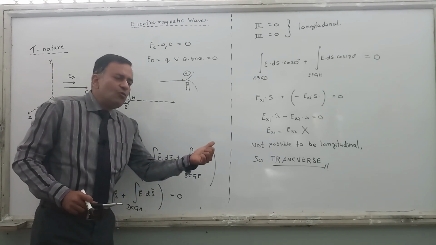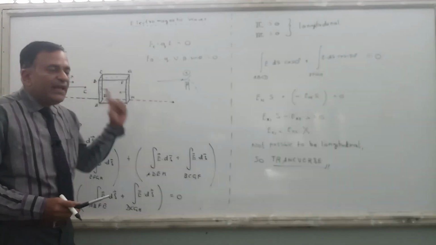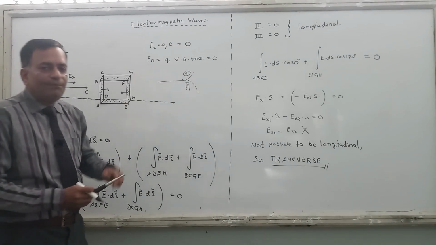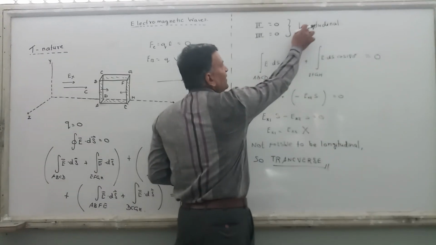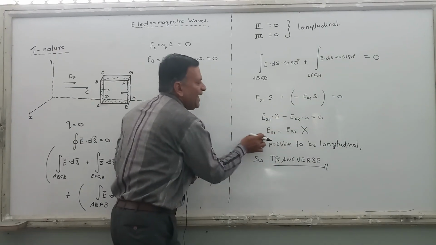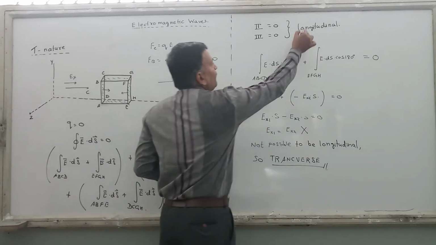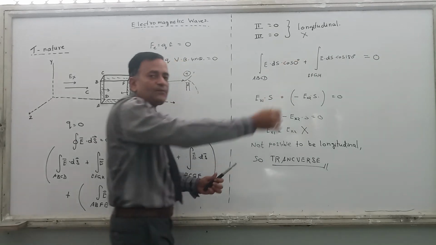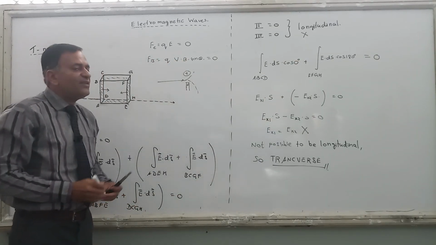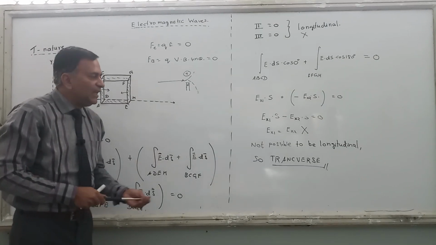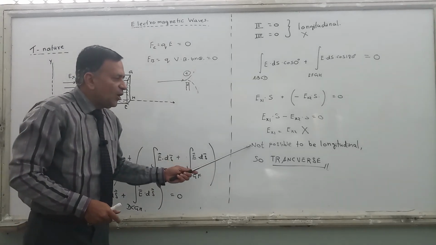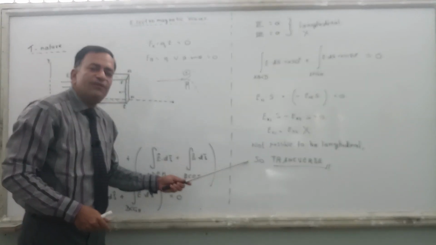कंक्लूजन रॉन्ग क्यों हुआ है? Because in the beginning we have assumed that electromagnetic waves are longitudinal, उससे ये वाला एक्सप्रेशन आया. इसका मतलब अपन ना जो एजम्पशन था, that was also wrong. That means electromagnetic waves are not longitudinal. Now if they are not longitudinal waves, what kind of waves they are?